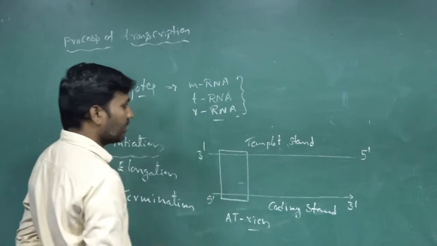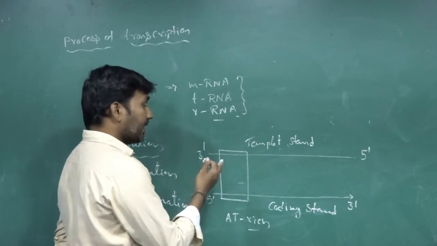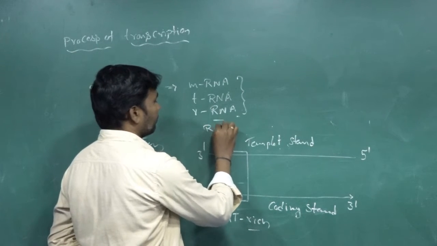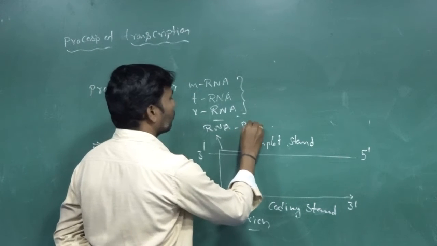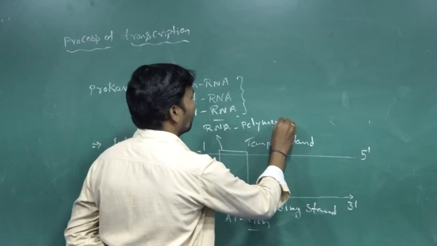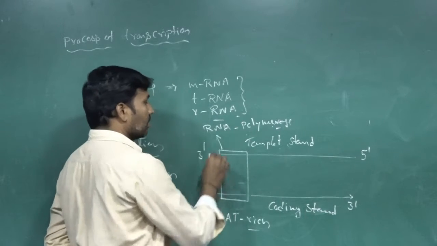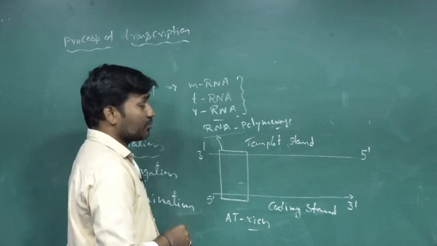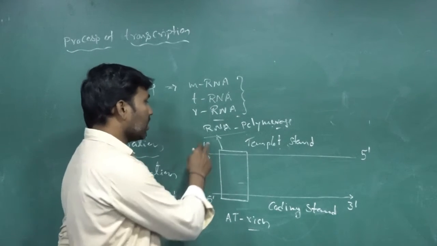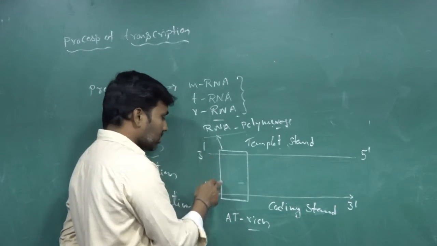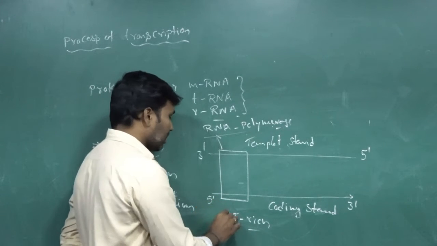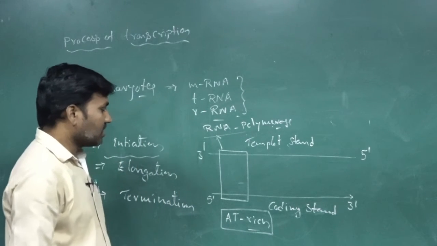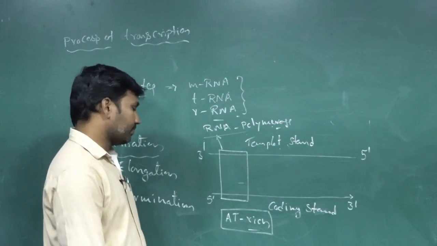Wherever it is present in the DNA strand, that particular portion, the RNA polymerase, this is the RNA polymerase. We already discussed the types of RNA polymerase and the transcriptional unit characters. That RNA polymerase recognizes the specific sequence of the DNA template, which is rich with adenine and thymine.